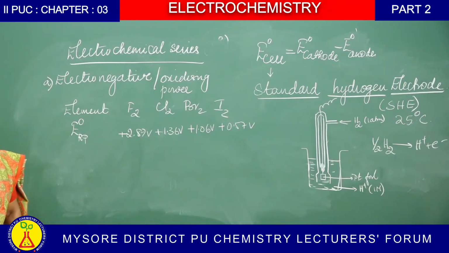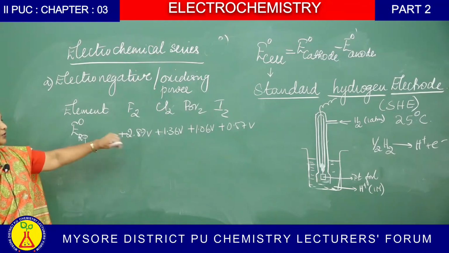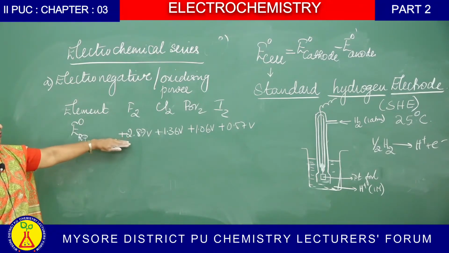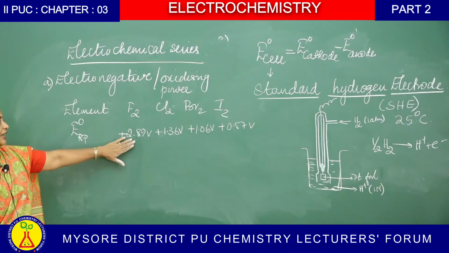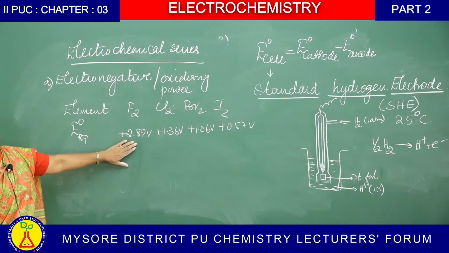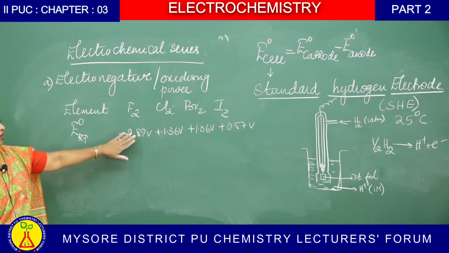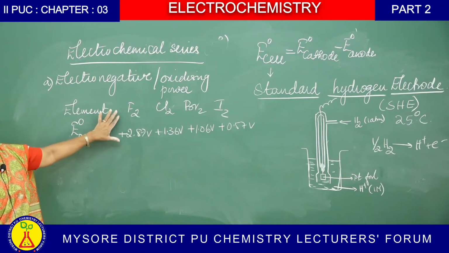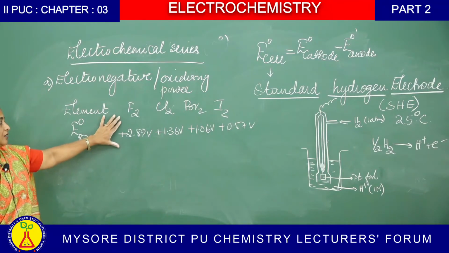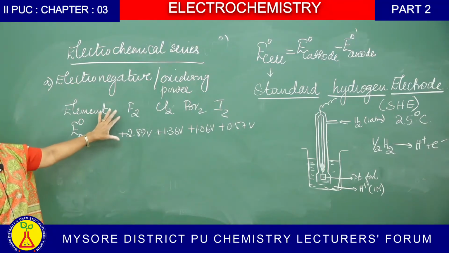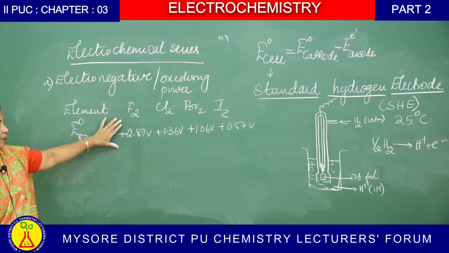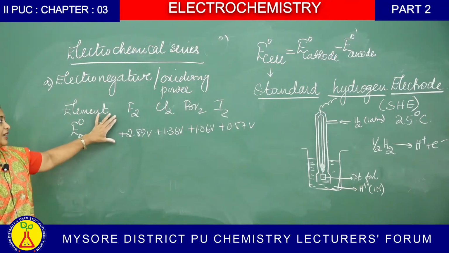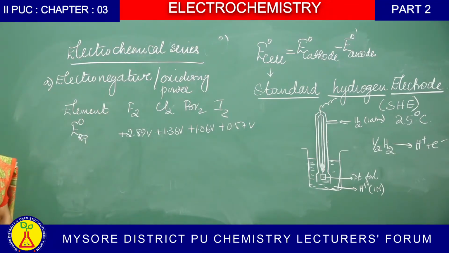Now, you see these values. Among these 4 elements, fluorine has the highest, or the most positive, value for its reduction potential. If the reduction potential is positive, it means that it has a greater tendency to accept electrons.